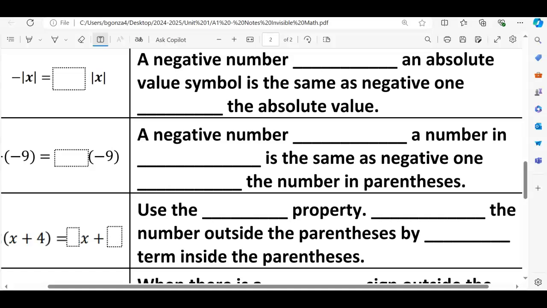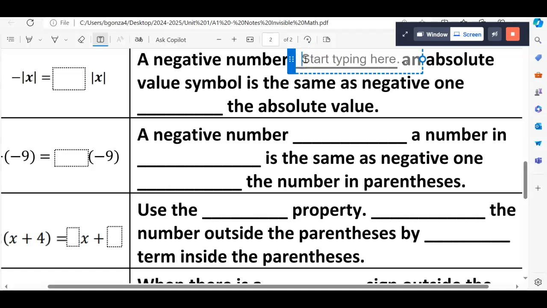Imagine all the numbers, half of them are positive, half of them are negative, and if you turn all those negatives into positives, you end up getting a big V. Positive, positive, positive, hit 0, come back up. Positive, positive, positive. Big V. That's what a graph would look like of absolute value. Absolute value never is negative. So optimistic.